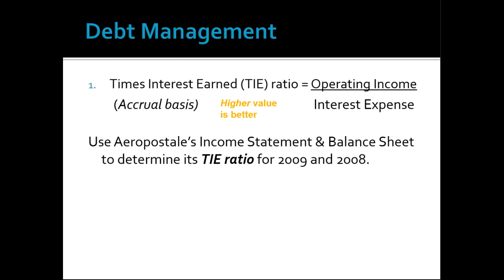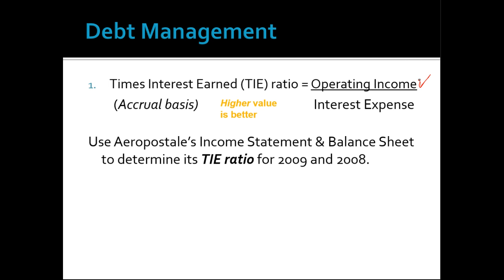Okay, the first ratio we're going to look at is something called the TIE ratio, the times interest earned ratio. Now that might actually sound a bit odd, but what that is is the company's operating income divided by its interest expense. For every dollar in operating income, how many dollars of interest expense is there?